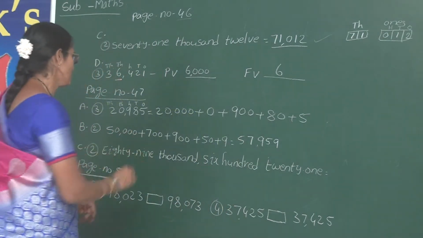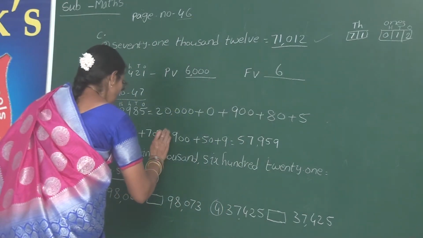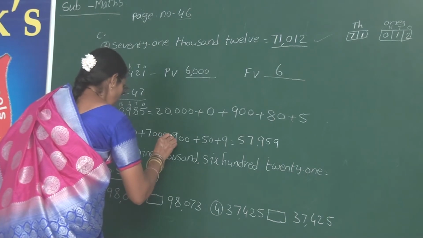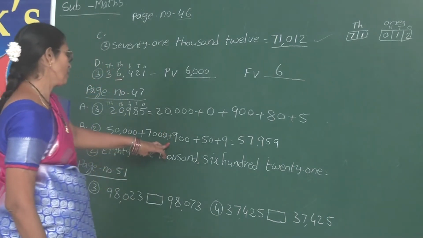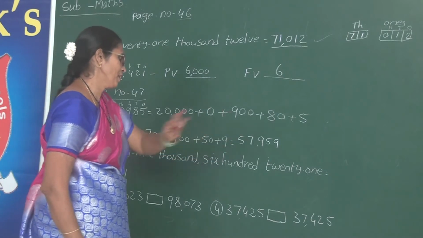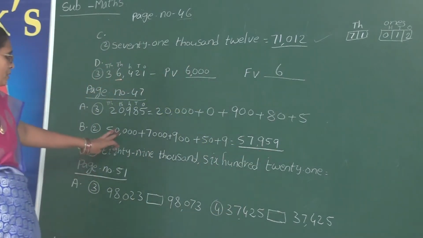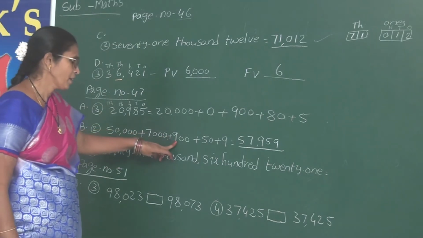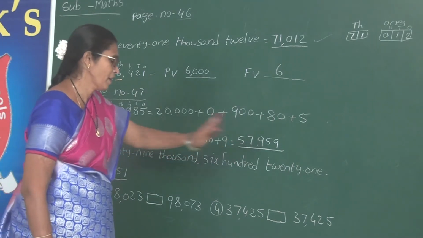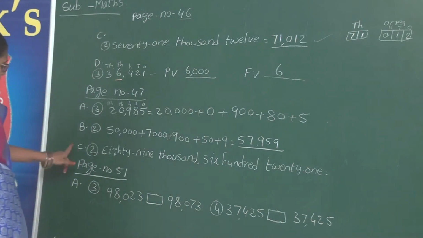So 57,959. So this is the standard form here. 57,959. Next, come to the C Roman.